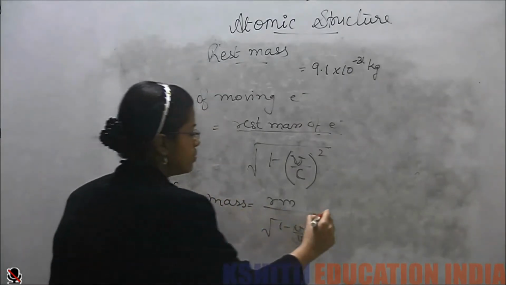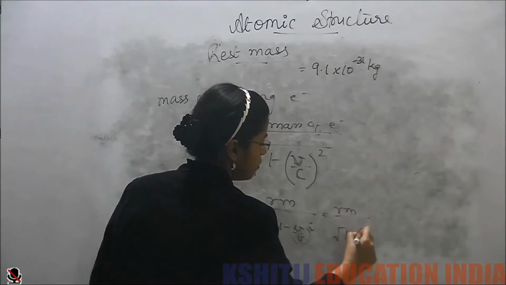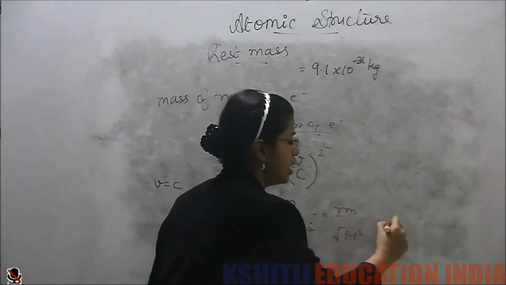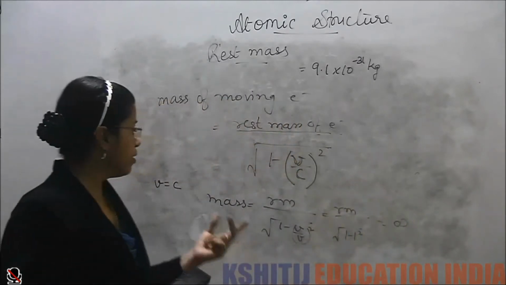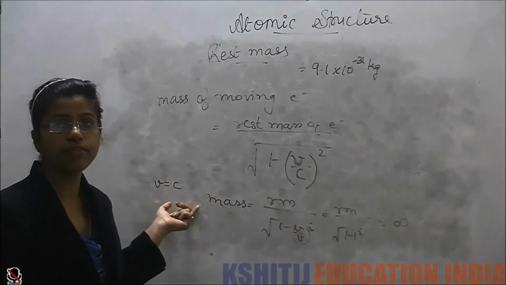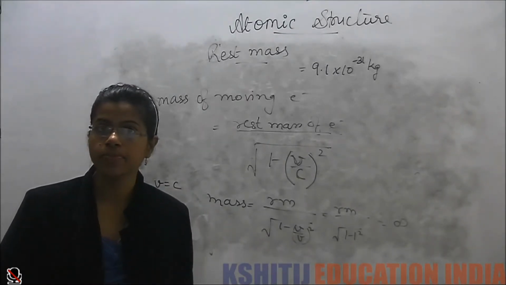So this will be equal to rest mass divided by 1 minus 1, right? So that means it will become infinite. If the velocity of the electron becomes equal to the speed of light, the mass of the moving electron will become infinite, right?